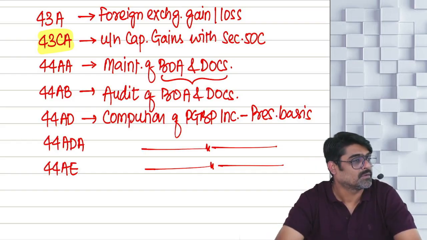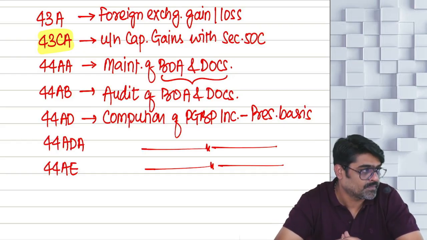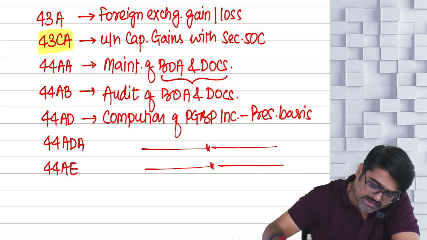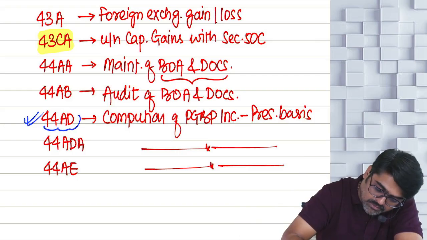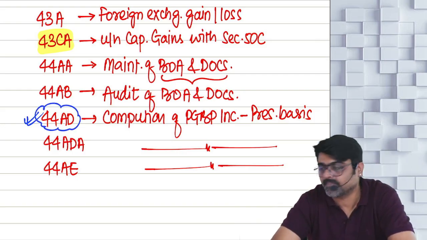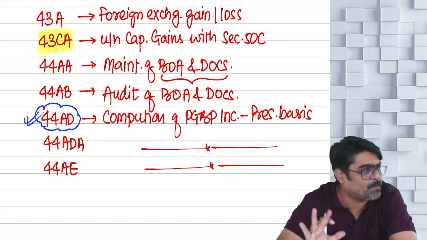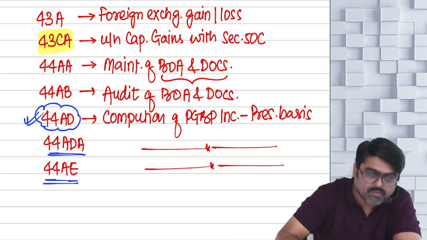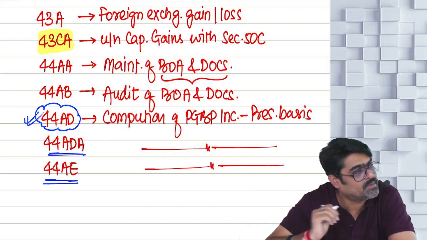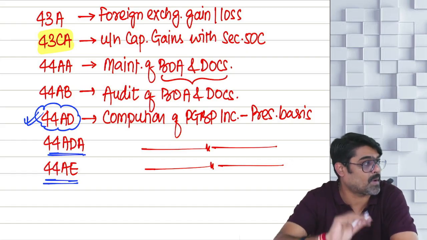So a lot of compliance burden will be released from you. Understanding? Once you understand this section properly, and we are going to invest time in this section, once you understand 44AD properly, then 44ADA and 44AE will be just a piece of cake for you. It will be very easy. But for that, you need to understand 44AD properly.